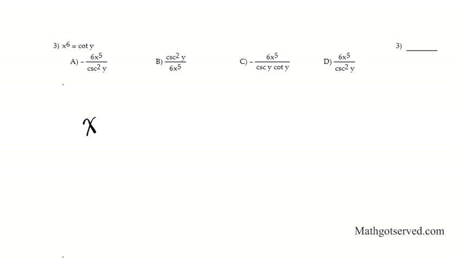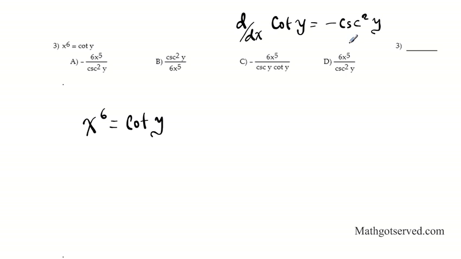So we have x to the 6th equals cotangent y. We know that the derivative, d/dx of cotangent y, is simply negative cosecant squared y, right? So let's apply that to this problem.